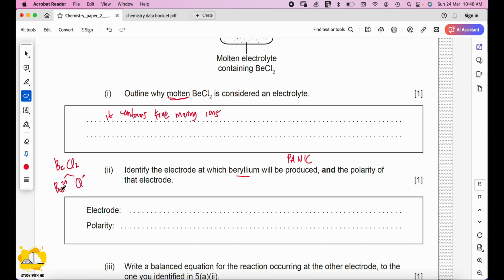So beryllium is a positive ion, will be attracted to the negative cathode, the negative electrode. So the negative electrode is the cathode. Okay, polarity is negative because the cathode is negative.